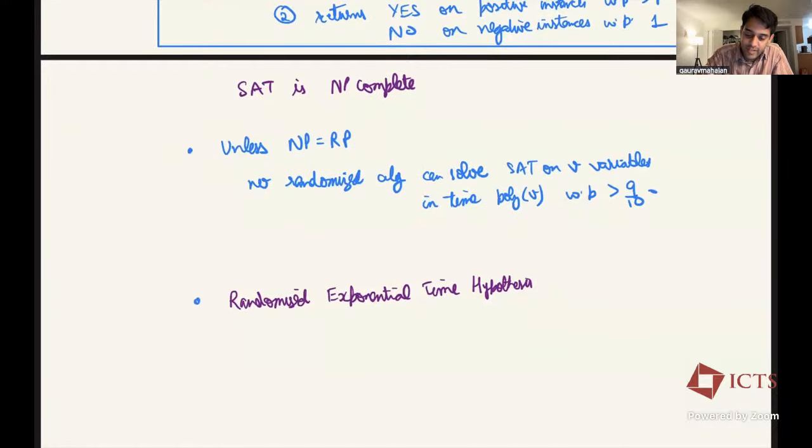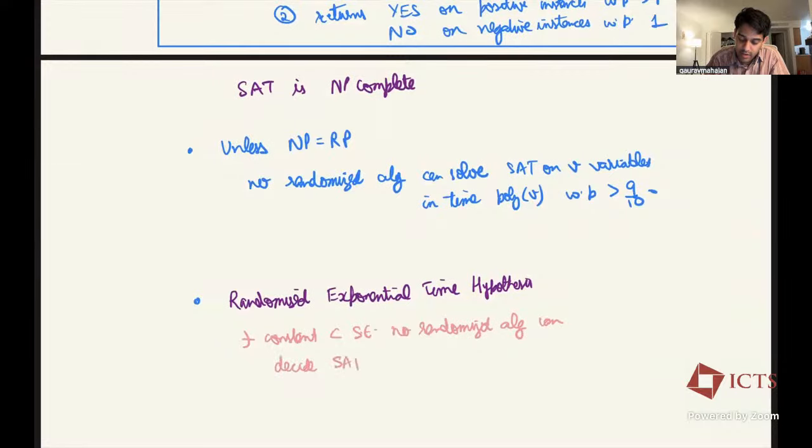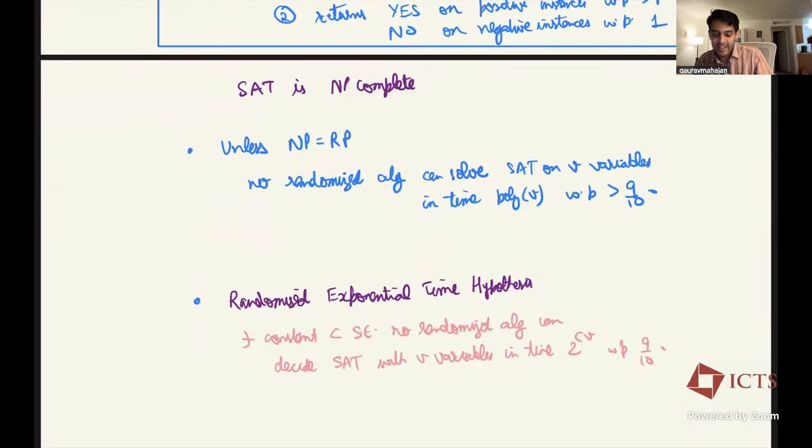This hypothesis basically says that there exists a constant C such that no randomized algorithm can decide SAT with V variables in time 2 to the CV with probability 9/10. So there's this fixed constant, and you cannot do better than that.